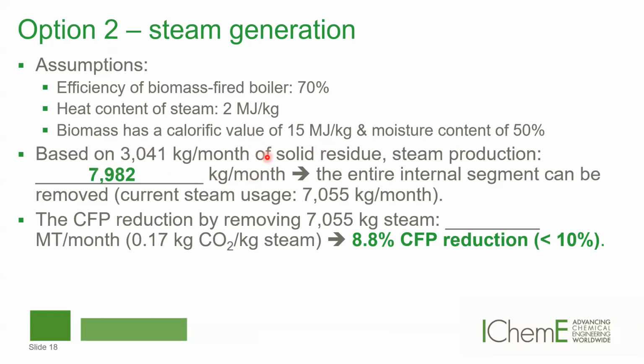So converting the amount of solid residue or biomass waste into steam production per month, this is the amount. So meaning we can entirely remove the internal segment, because our current steam usage is 7055 and it can actually be provided using the Tongkat Ali waste.